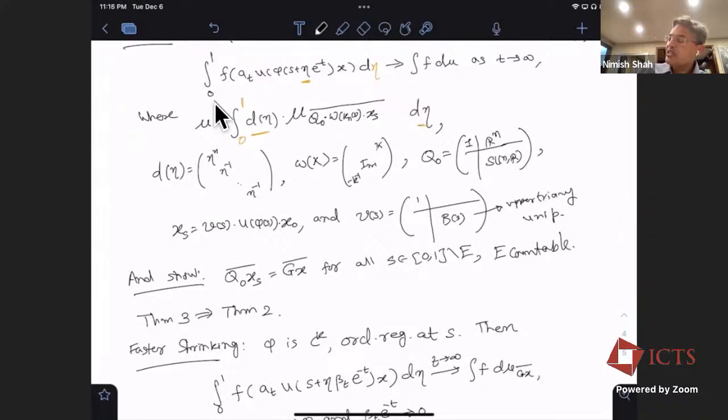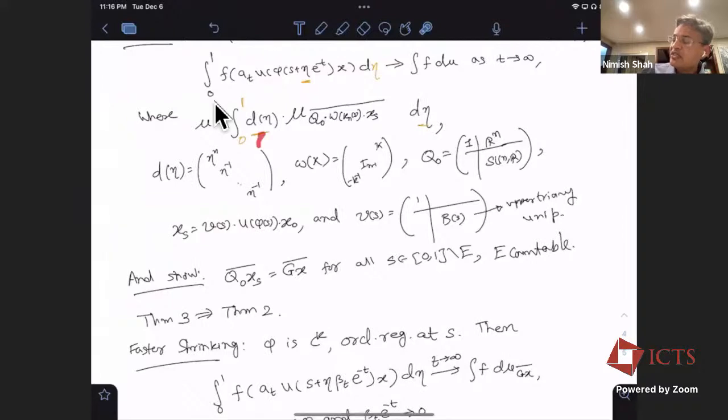So actually this measure is invariant under the full unipotent group, the limit measure, because the d_eta are just normalizing this Q naught. So the limit measure is invariant under this Q naught, but it is really an integral of these kinds of measures. And what is x_s?